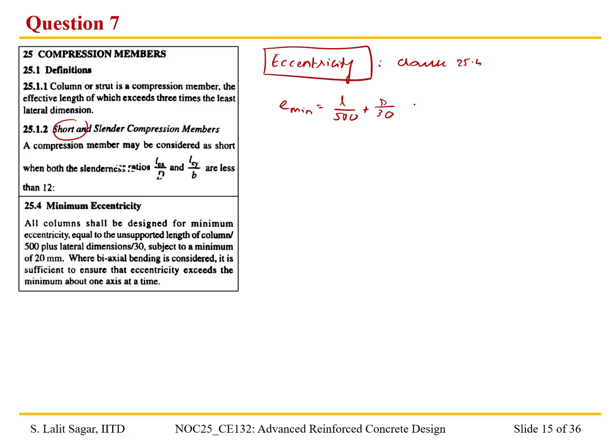L is the unsupported length, that is 3500 divided by 500, plus the dimension, 400 divided by 30, which gives me a value of 20.3 millimeter. While this is the minimum eccentricity that needs to be considered, let us actually find out the applied eccentricity due to the moment.